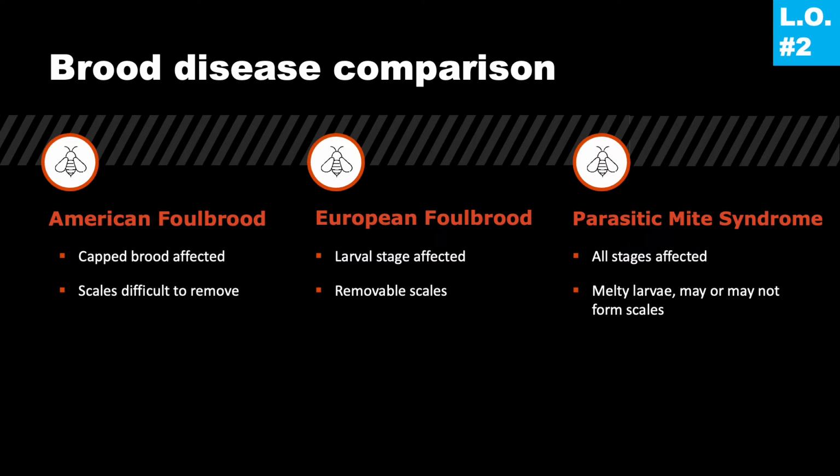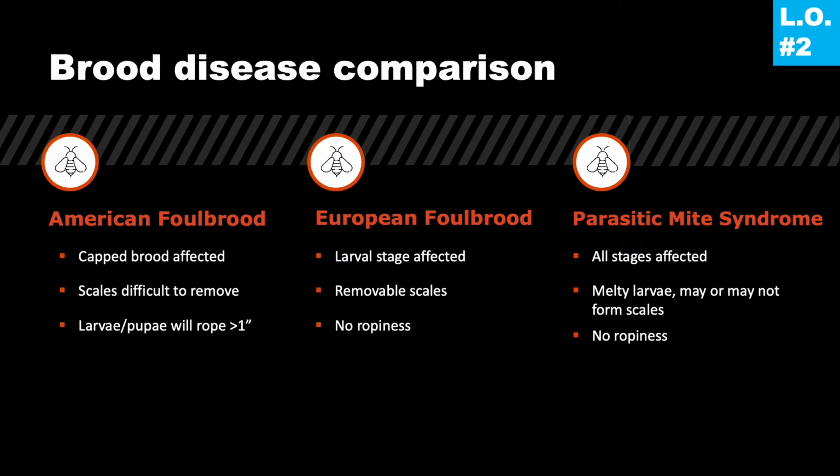However, with European foul brood, the scales are easily removable, and often the bees will remove these scales in the purposes of cleaning out the cells in preparation for the queen to lay another egg. With parasitic mite syndrome, scales may or may not be present.